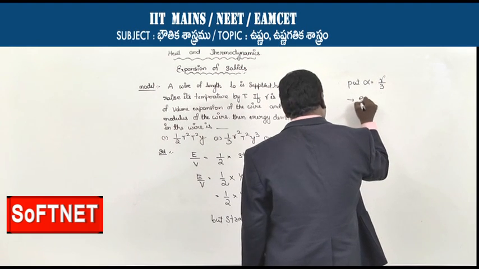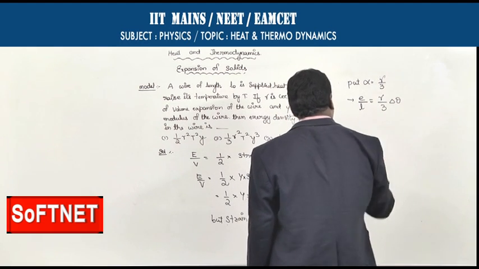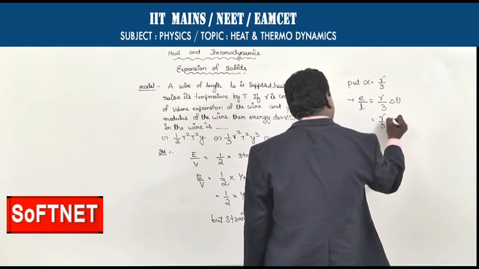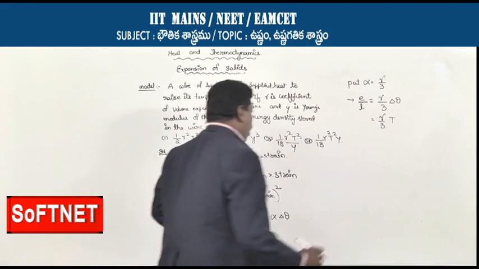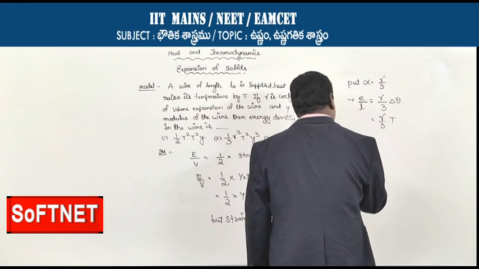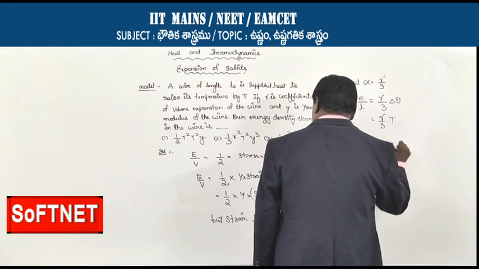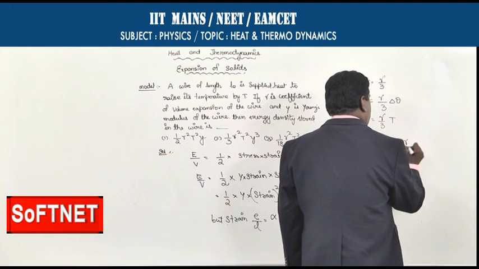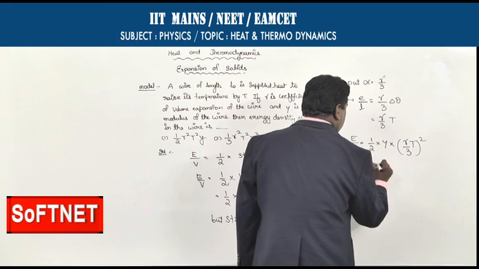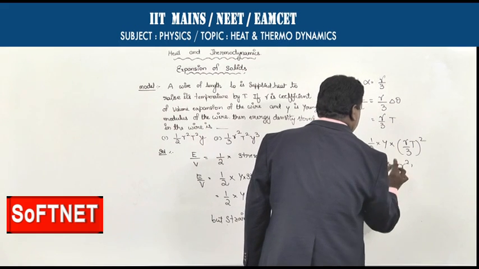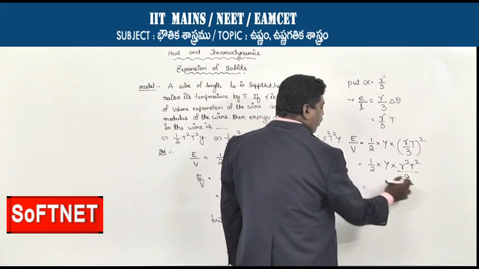So we are having E by L equals gamma by 3 into delta theta, and we know delta theta as T. So E by L is given as gamma by 3 into T. On substituting, we are having E by V equals half into Y into gamma by 3 into T whole square, half into Y into gamma square into T square by 9. 9 2s are 18.